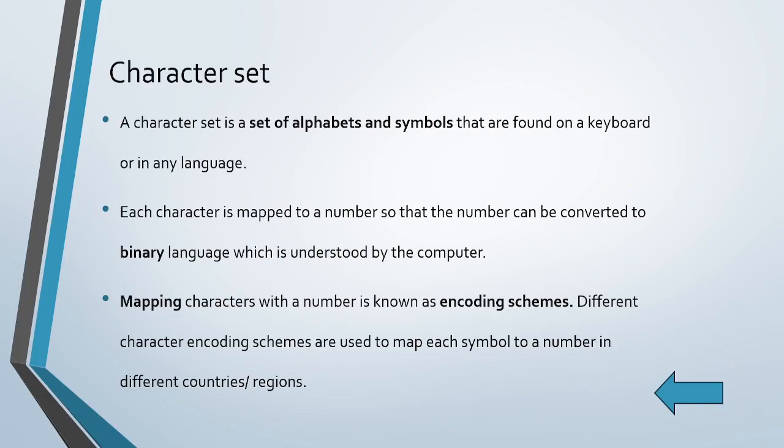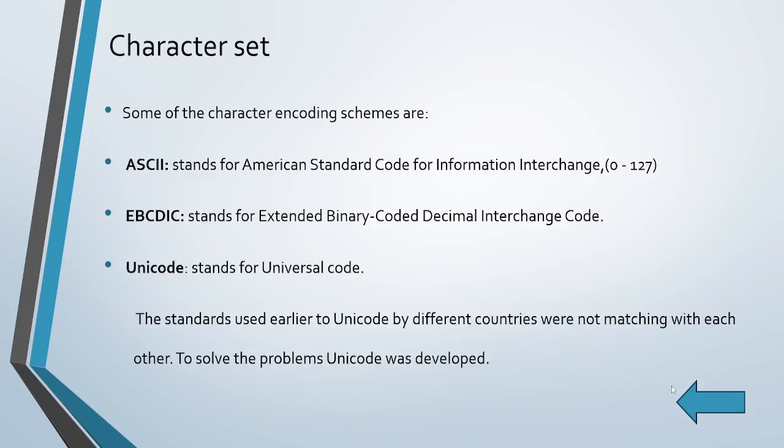Now, this mapping of characters with a number is known as encoding schemes. Now, different character encoding schemes are used to map symbols in different countries, regions. Some of the character encoding schemes are ASCII, EBCDIC, Unicode, and several others.